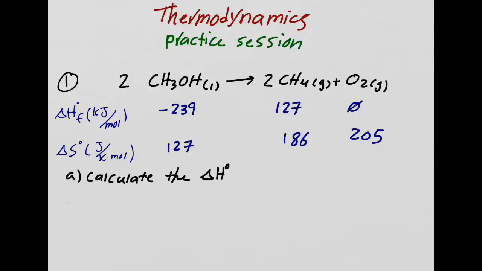Okay, then the delta H of a reaction is product minus reactant. Now let's do this together. My product methane is 127, and remember the delta H of formation is kilojoules per mole, so I have to multiply by the coefficient in order for the moles to get cancelled out.